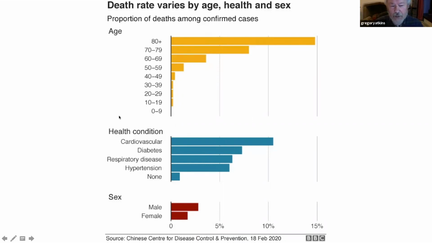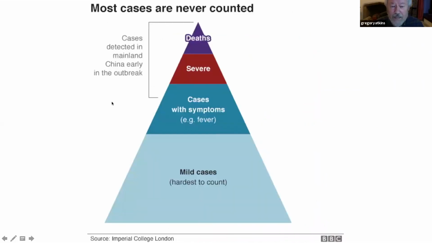And as we know, people that have underlying health conditions are also susceptible. And the peculiarity that no one can really explain about this virus is that there's a lot of ideas, but we don't know what the answer to this is, that twice as many men as women die from the virus.